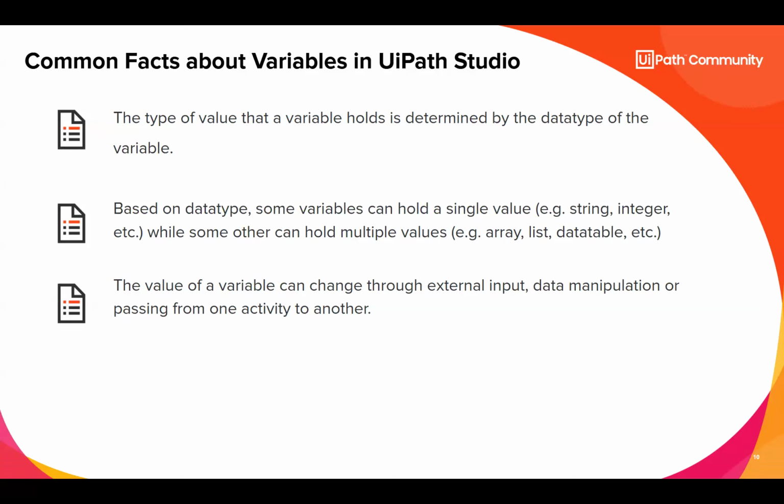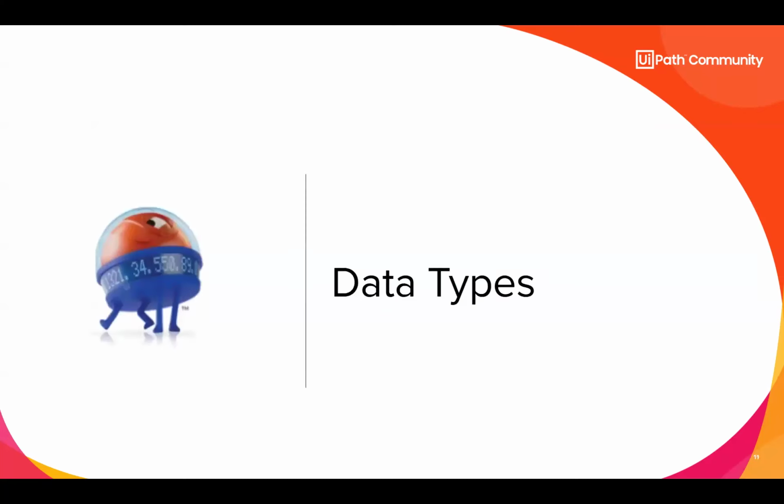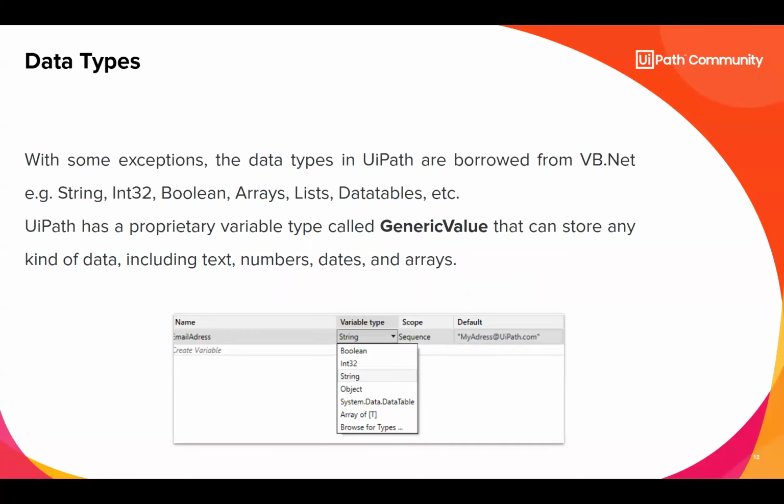Okay, so now let's look at data types. The data types that we have in UiPath, I mentioned some of them earlier on, right? But just to refresh our memories, what are data types?